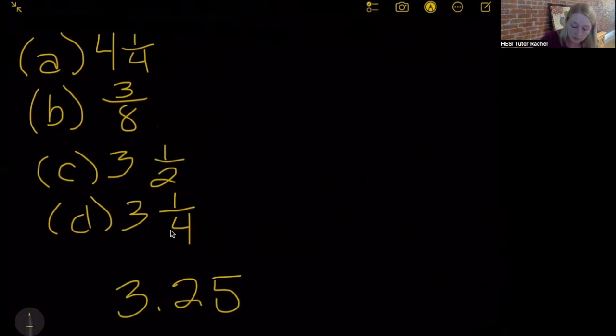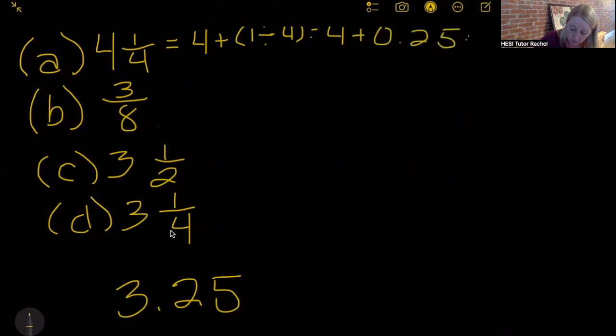Starting with the first one, that would be equal to 4 plus 1 divided by 4, which would be 4 plus 0.25, and that would be 4.25.